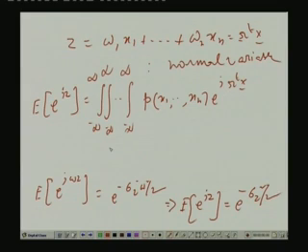I have just stated a little while back, we have done a similar thing for the single variable case and the two variable case, and that gets extended to the n variable case. That is, either you take the expected value of e to the power jz by multiplying it by its probability density p of z and integrate, or replace z by its function in terms of x1 to xn, which is this omega transpose x, multiplied by the joint density of x1 to xn, and integrate.